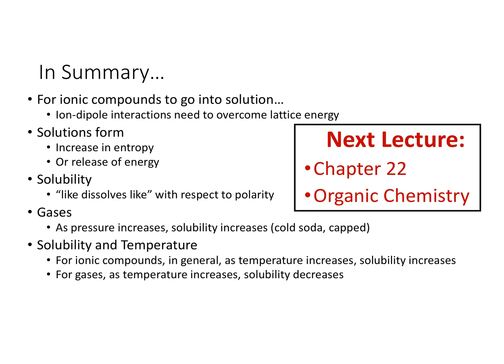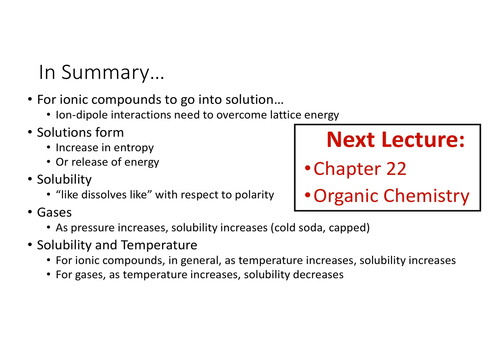So the main things from today that we need to understand from this chapter, from Module 12, are that ionic compounds go into solution by overcoming the lattice energy. That's why something can go into solution. We need to overcome the lattice energy holding that molecule together as a solid.